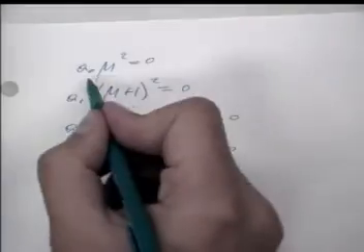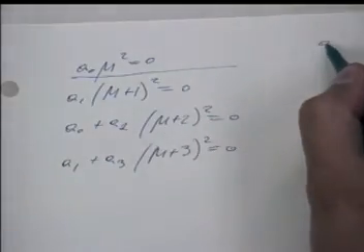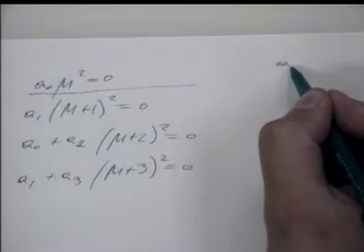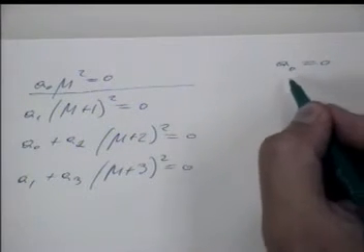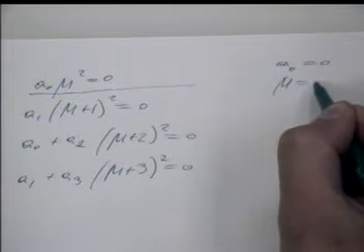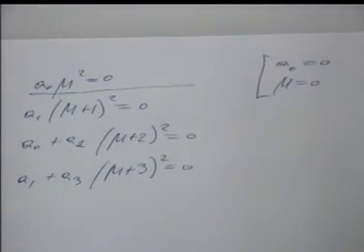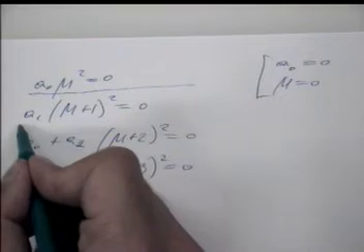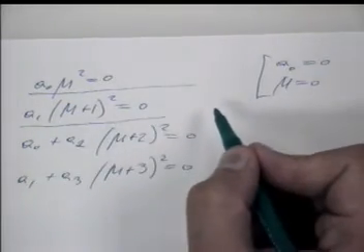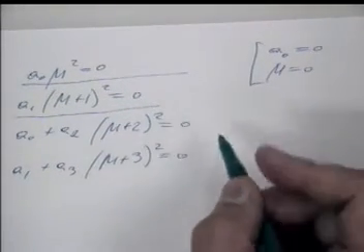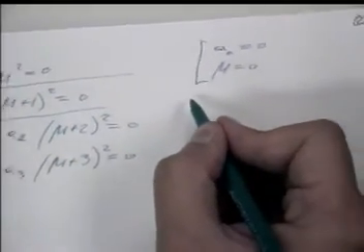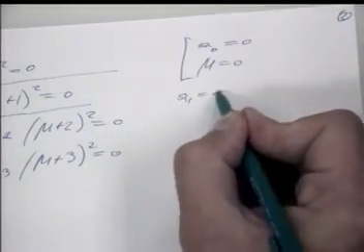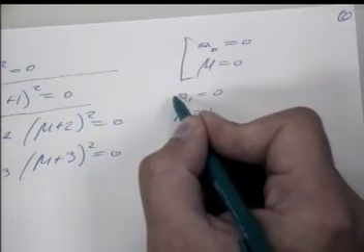In the first case, we can say that a0 equals 0 or mu equals 0, which we're going to leave for the next explanation. But now we're going to take a look at the second equation, from which we can obtain that a1 equals 0 and mu equals minus 1.